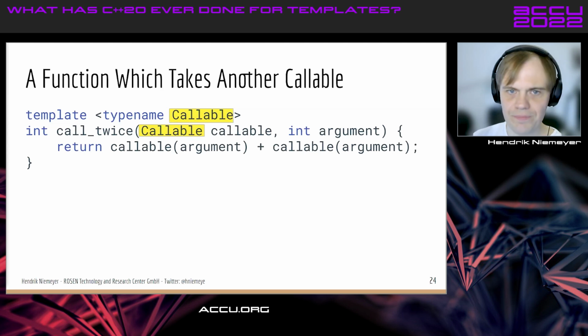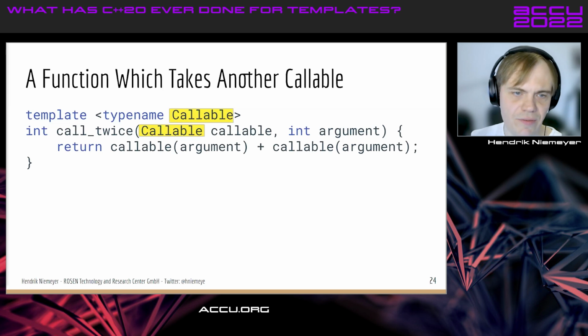of this callable. This works out well, but without any documentation or concepts, the user might not be clear what the callable is expected to be by the call twice function. What does the callable accept as parameters and what should it return?